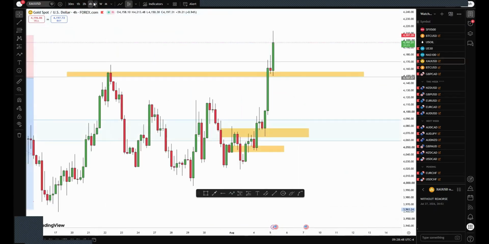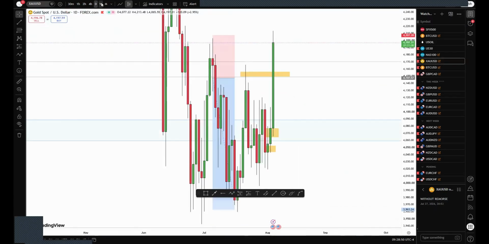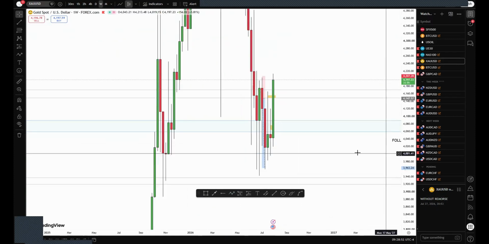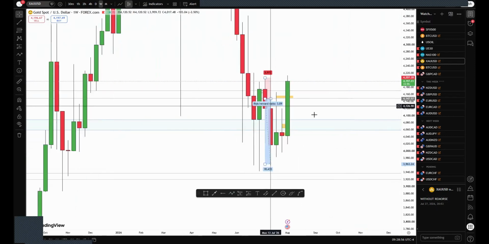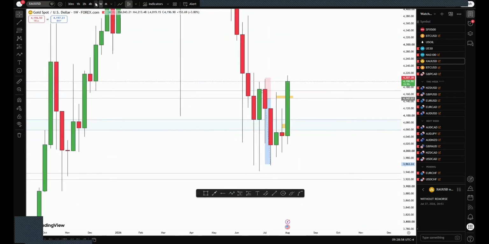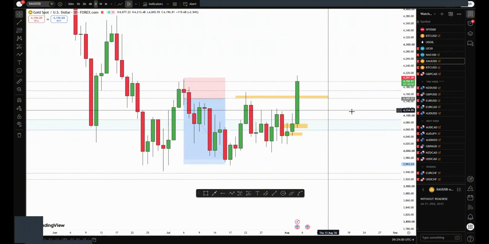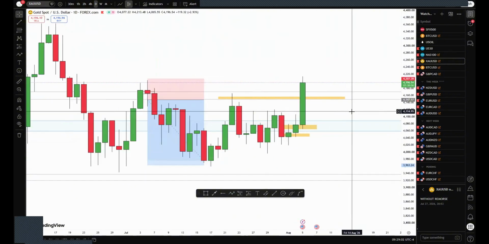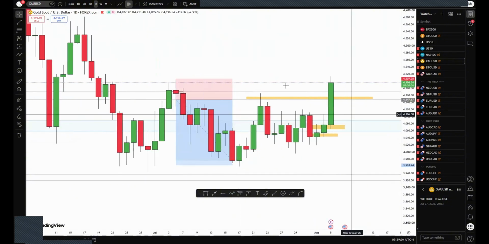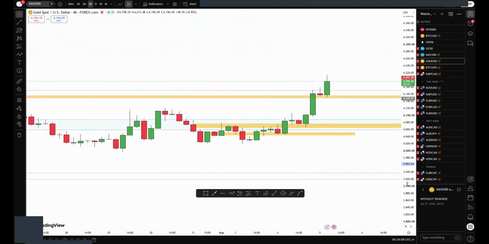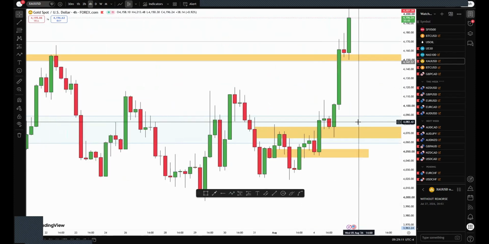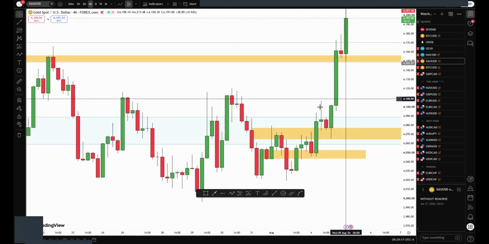ZAR USD, finally price is now almost going bullish after a long week of consolidated market structure here and there in the daily time frame. So now finally price has broken above this level, which is surprising because the 4 hour was bearish when this happened.